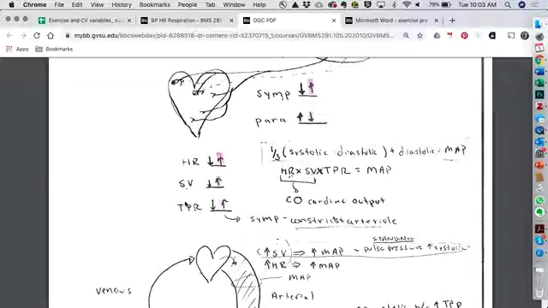What's one of them? Something with cardiac output and TPR. Isn't it TPR divided by cardiac output? No, close.